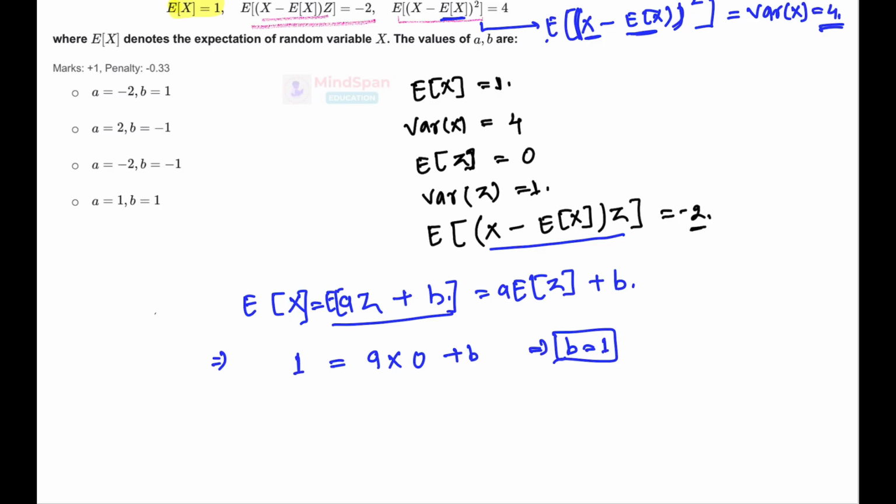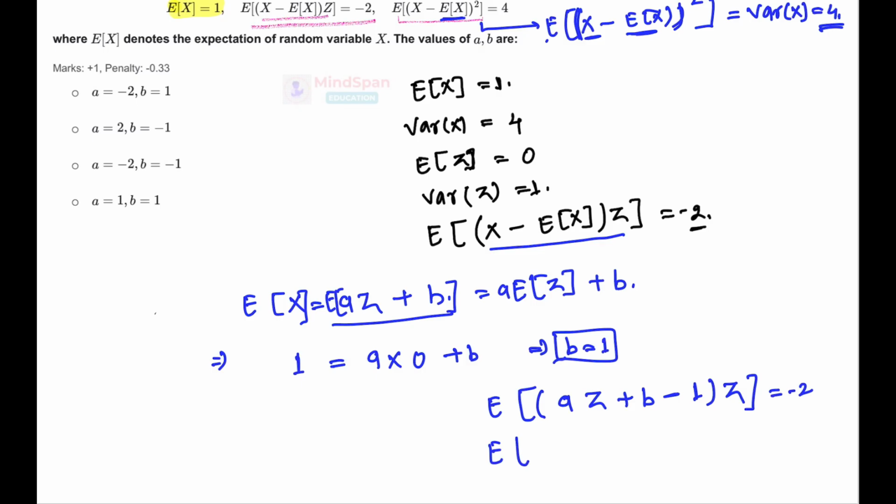We have also been given the relation between X and Z, right? So we can write something like this. X is equal to aZ plus b, and minus the expectation of X, which is 1, times Z, and the expectation of this is equal to minus 2, right?